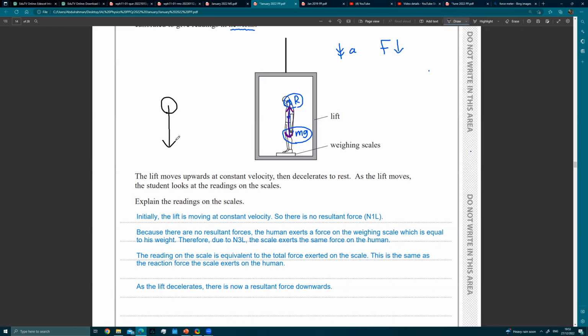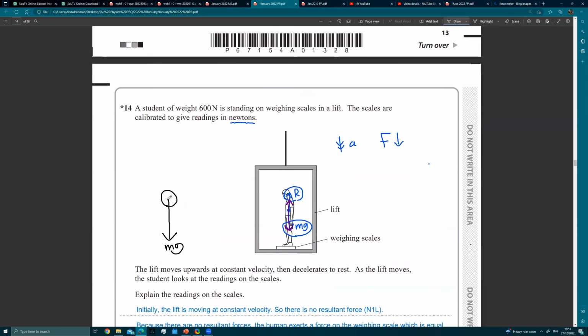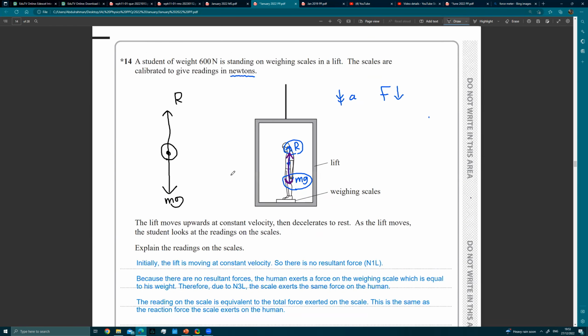So let's just consider an object where the force acting on it downwards is its weight, and the force acting on it upwards is the reaction force. Initially, the reaction force is equal to your weight, meaning it's moving at constant velocity, or the acceleration is zero, or there's no resultant force. We know that.